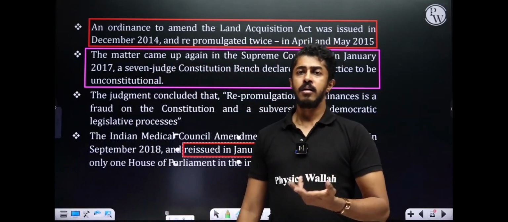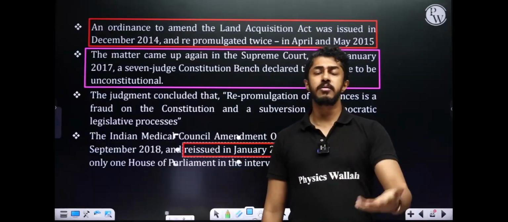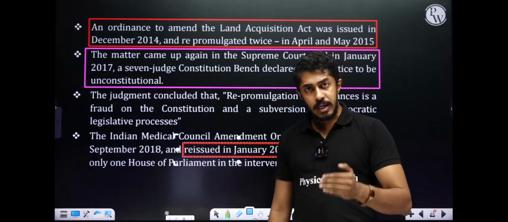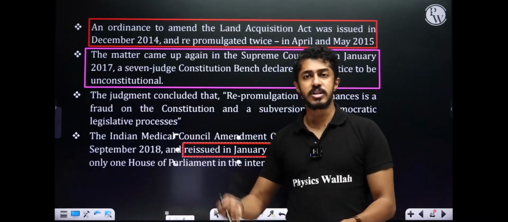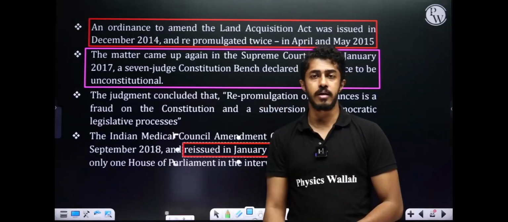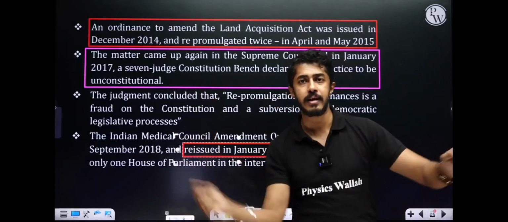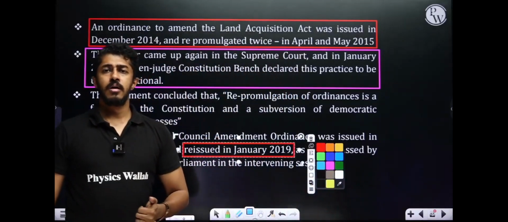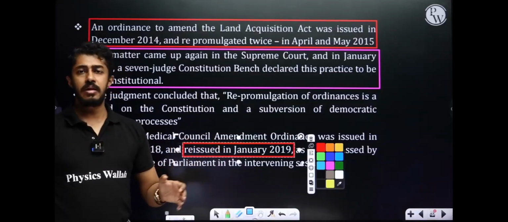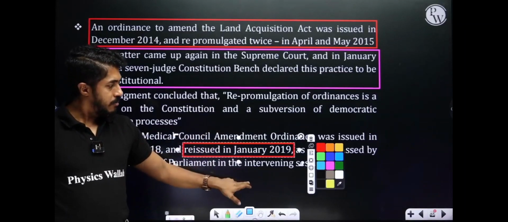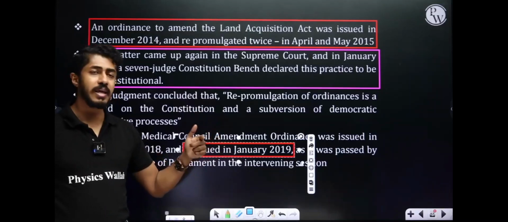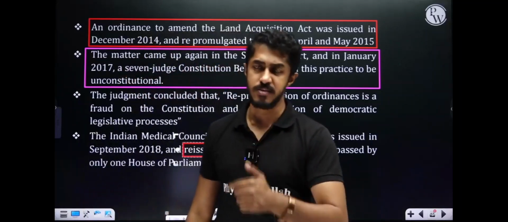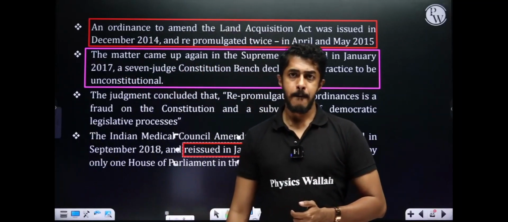Why? What can the court do beyond this? The court gave its verdict, but a Supreme Court judge cannot come with a stick, right? Did you re-promulgate it again? Why did you do that? That is not possible. So here, if you actually see, there is a limitation to which the judiciary can hold the government accountable for its actions.